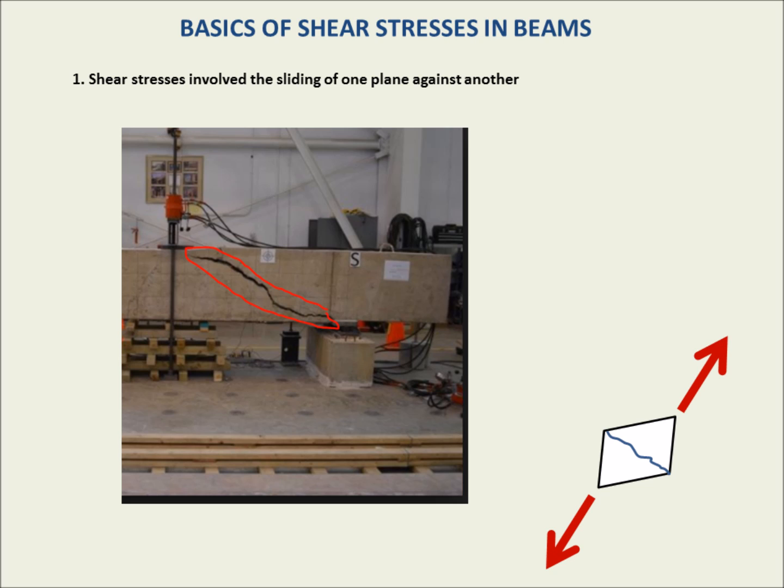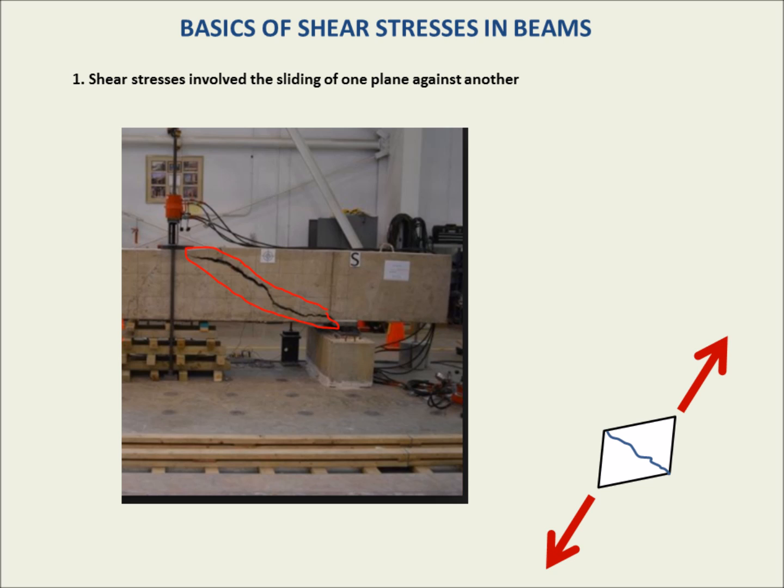Now, some of this would be already familiar to those of you who are studying mechanics of materials or design of concrete and so on and so forth. You have seen this idea of the shear failure plane occurring at 45 degrees.